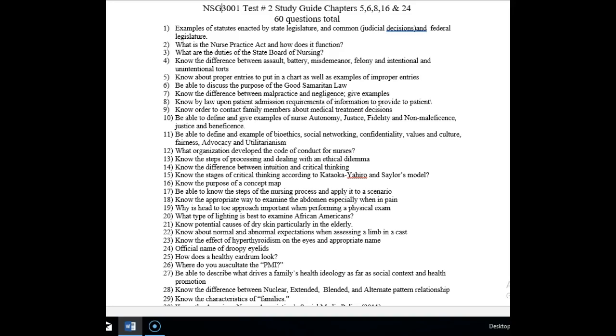So writing in the nursing notes, documenting what's going on, all of that is very, very important if you want to protect your license as well.